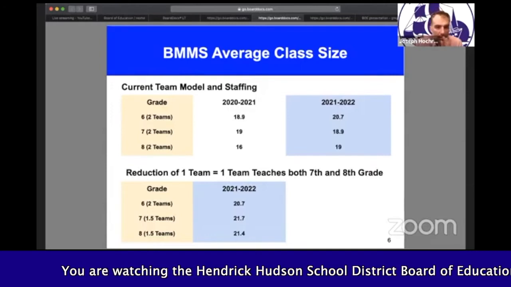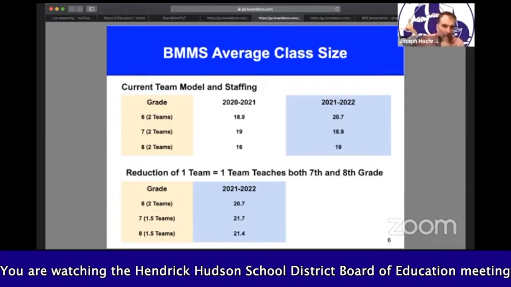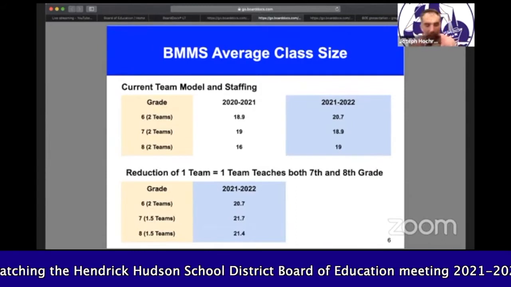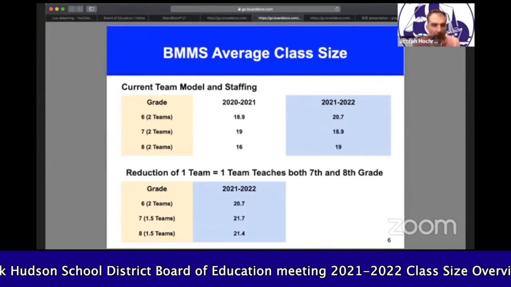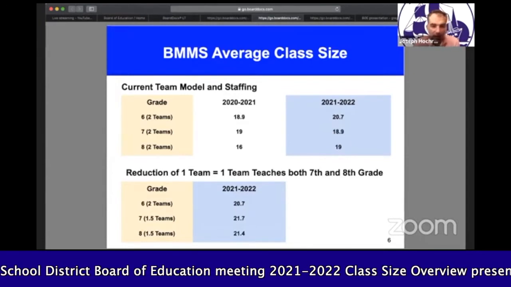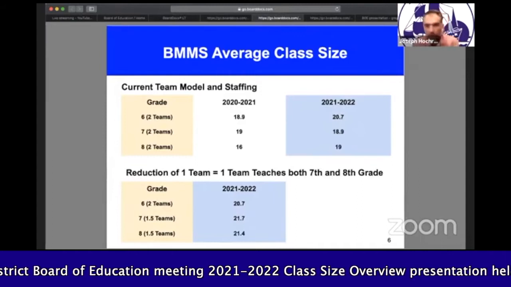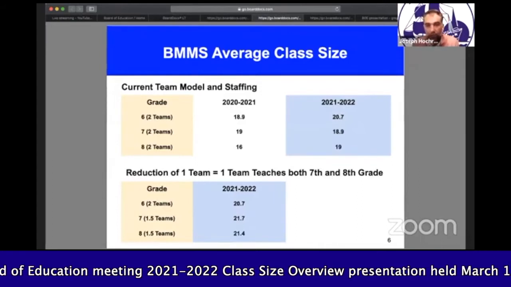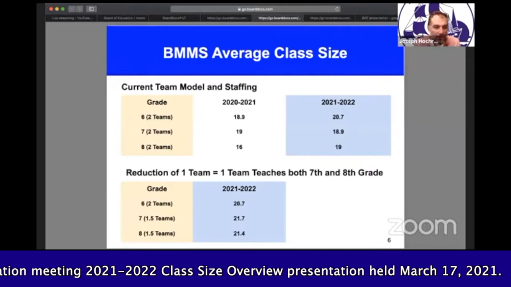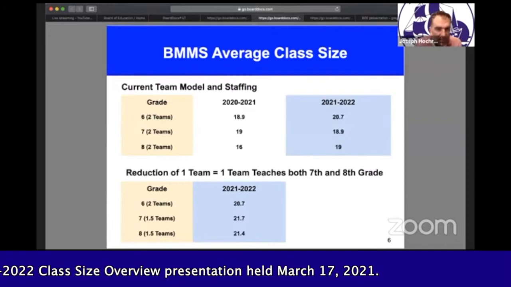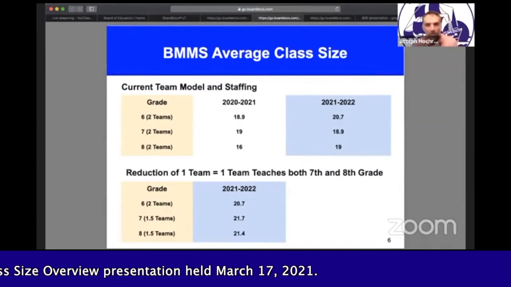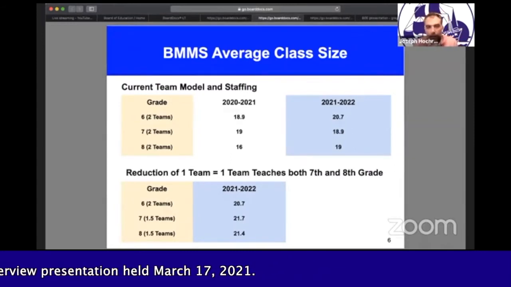So what that would do, comparing the top blue square, which would be status quo next year, versus what it would look like if we had a split team between 7th and 8th grade: you see the average class sizes. 6th grade remains the same because there wouldn't be any changes in 6th grade. But 7th and 8th grade would go up just about 3-ish kids in 7th grade and a little over 2 kids in 8th grade.